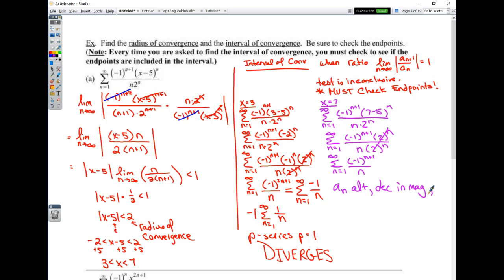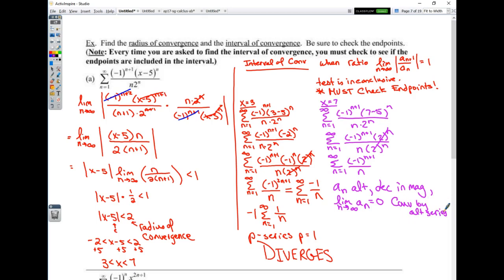How do we say that mathematically? We're looking at a limit as n approaches infinity equals 0. What does that say? Converge by alternating series test.